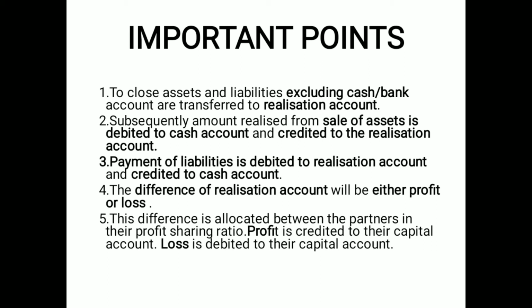Profit or loss, whatever the case is, it is to be transferred to partners' capital account. If it is profit, it is to be credited to the capital account of partners. If it is loss, it is to be debited to their capital accounts. So this is how realization account is prepared.